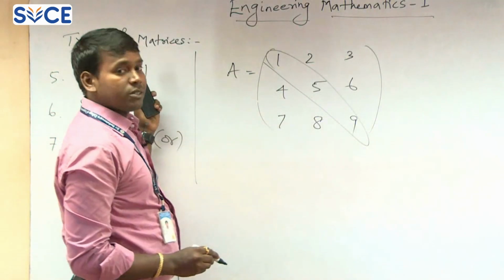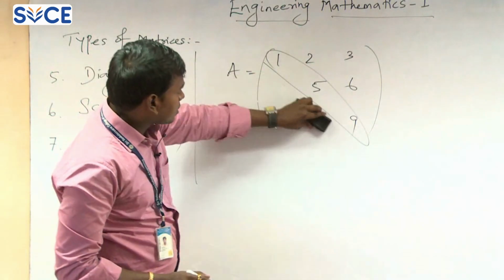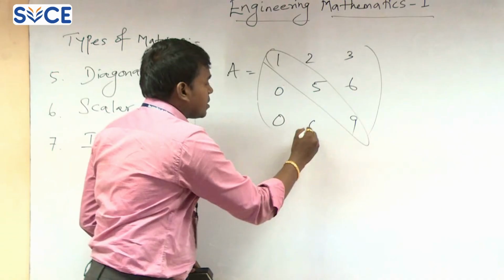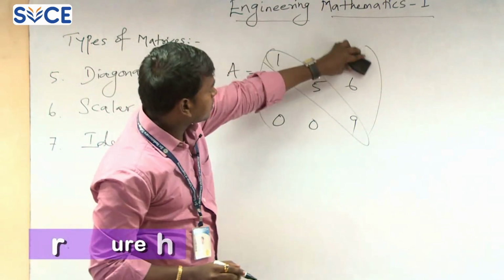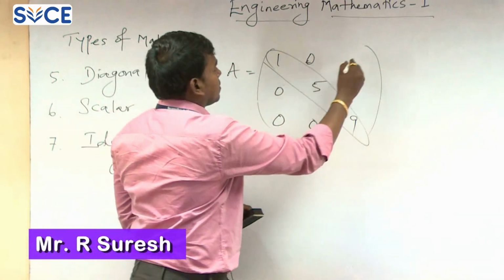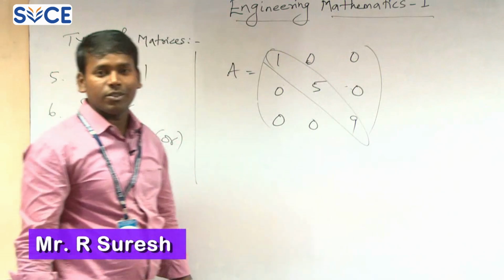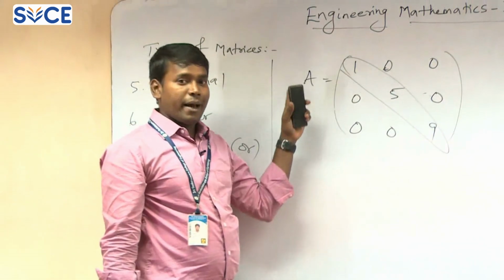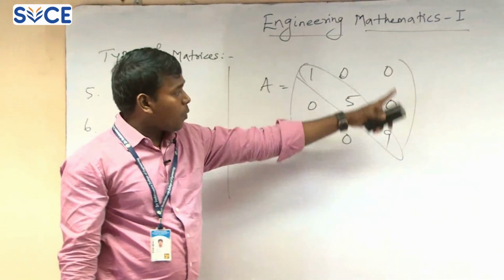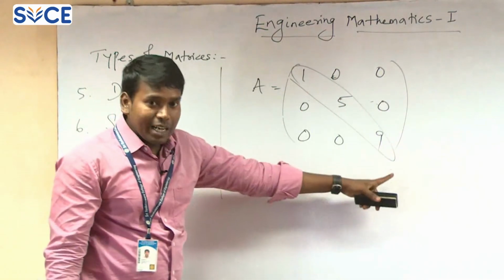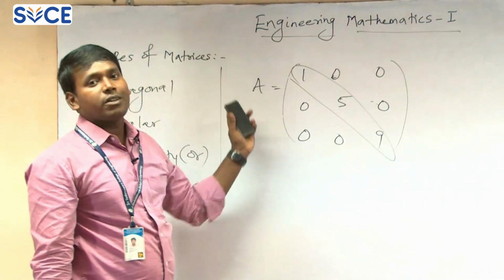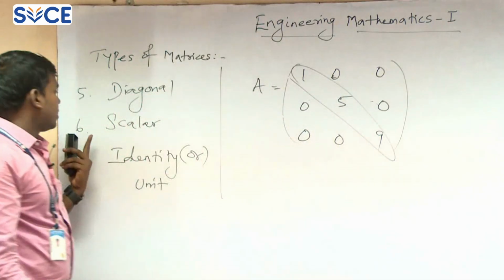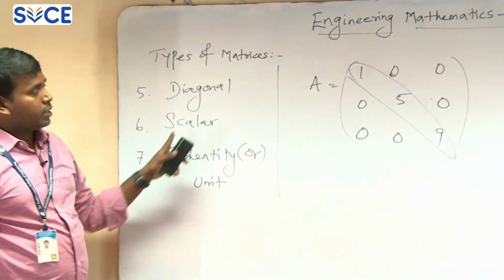That is, these terms must be 0. That's all. This is an example for diagonal. Again I repeat, a matrix is said to be diagonal if all elements except the main diagonal elements are 0.